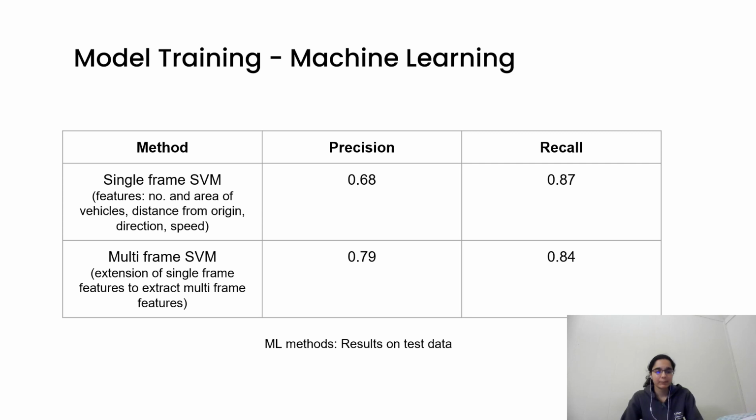As an extension of this method, I extracted multi-frame features in a sliding window-based manner, and an SVM trained on it gave a precision of 0.79 and a recall of 0.84 on the test split of INDRA. You can find the exact details about feature extraction logic and model training in my paper, but since these methods did not give a good enough performance, and since the feature extraction was too slow to give inference with low latency, I switched to more advanced deep learning methods.